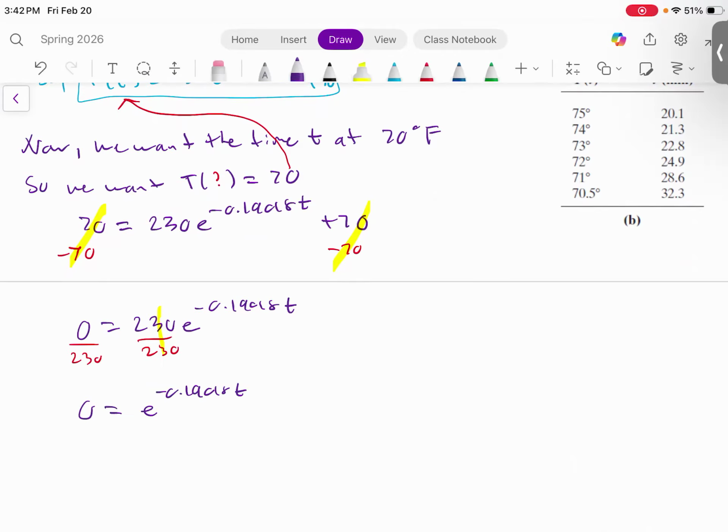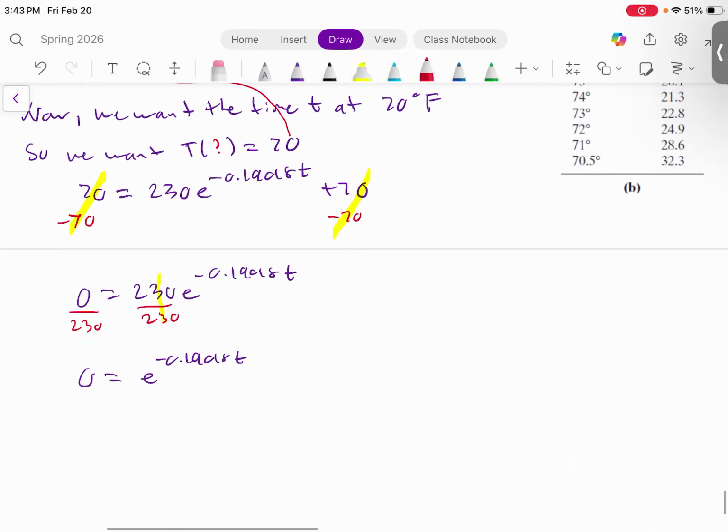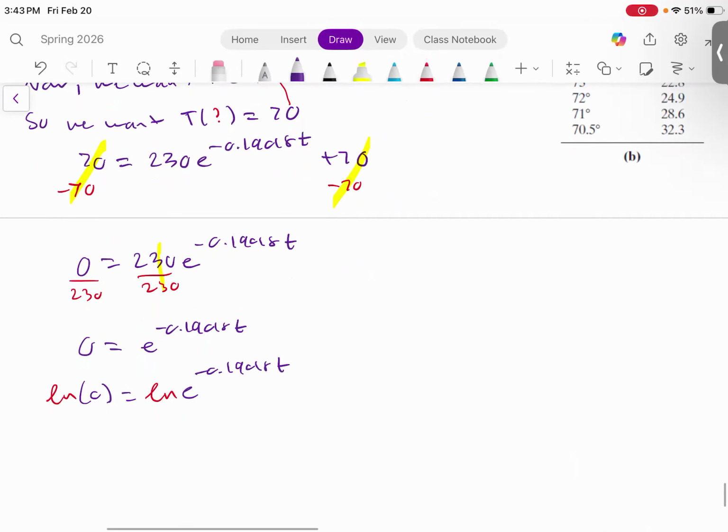Okay, well, we're trying to solve for t, so we need to get the t out of the exponent. So what if we natural log both sides? Okay, so the natural log cancels out with the exponential.